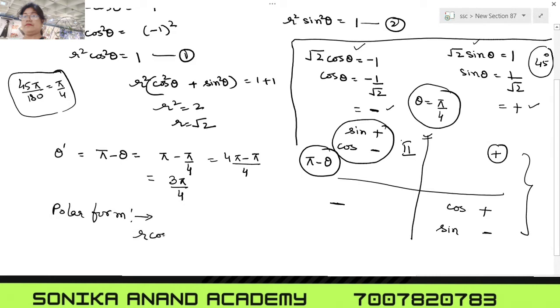R cos theta plus R sin theta into I. What's the value of R? Root 2, ma'am. And what's the value of theta? 3 pi by 4. See how the answer changes.